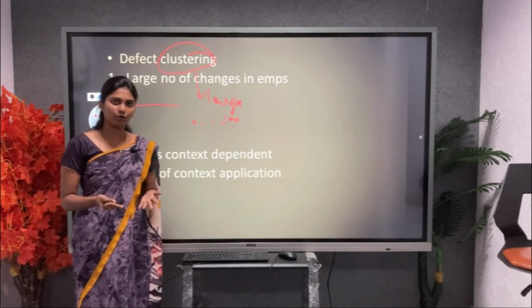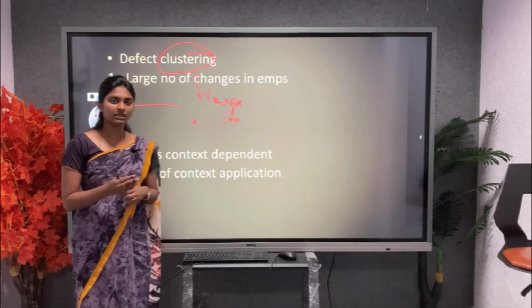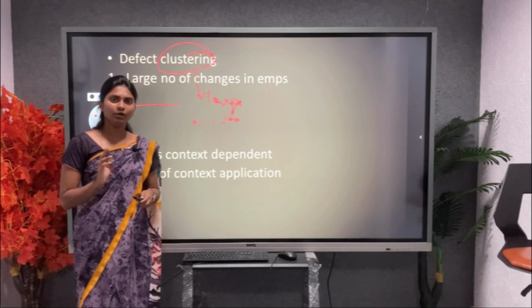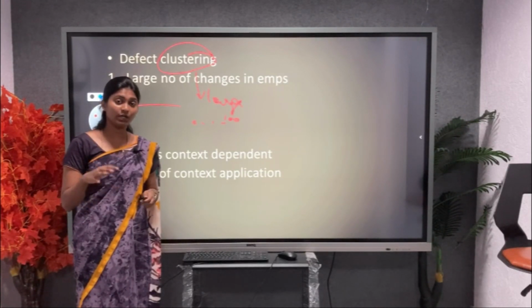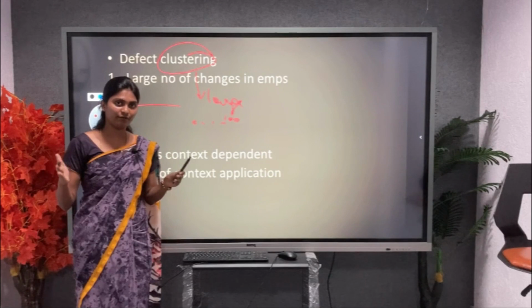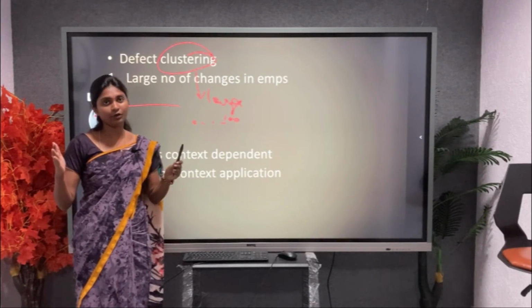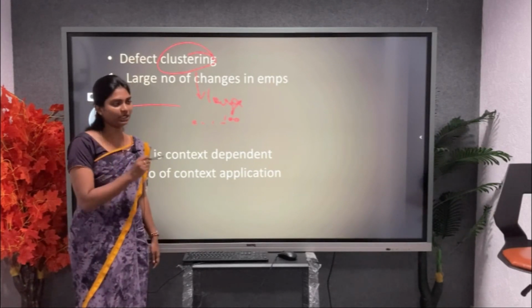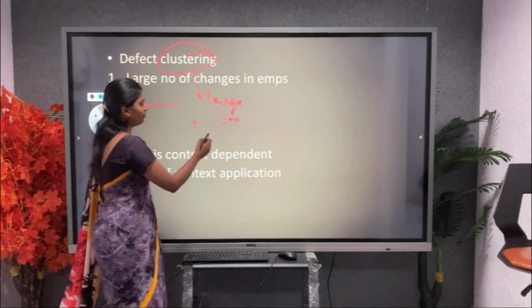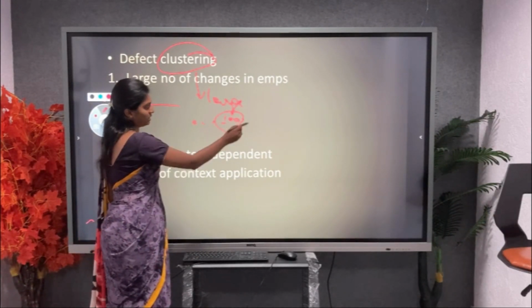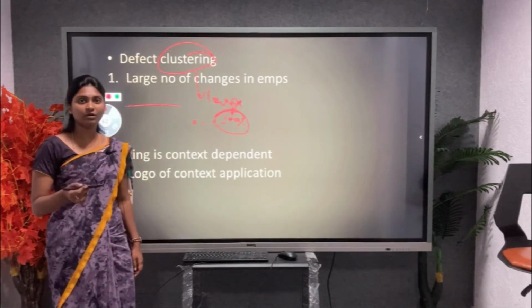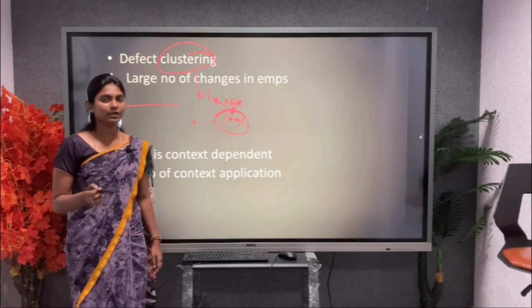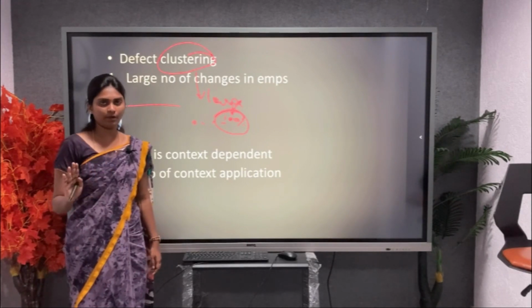But in that 20% only, a huge amount of defects or faults will occur. So we have to give 100% bug free. 80% is not enough.